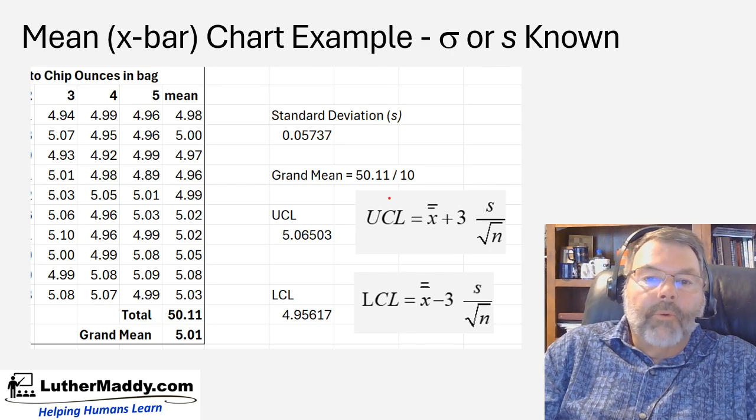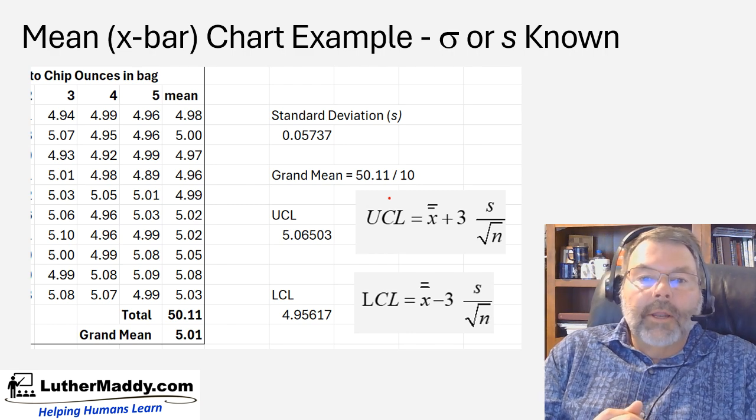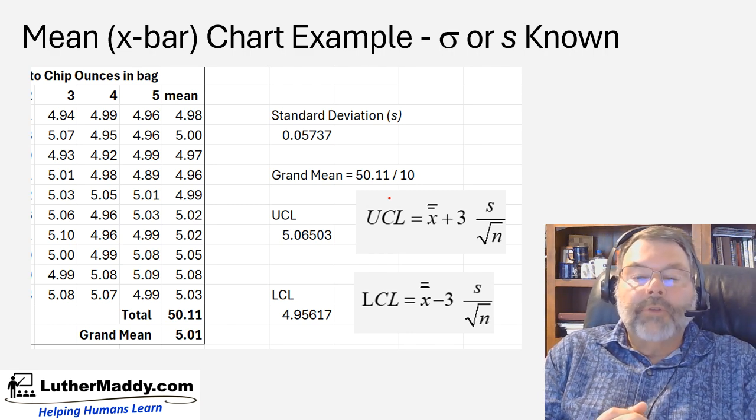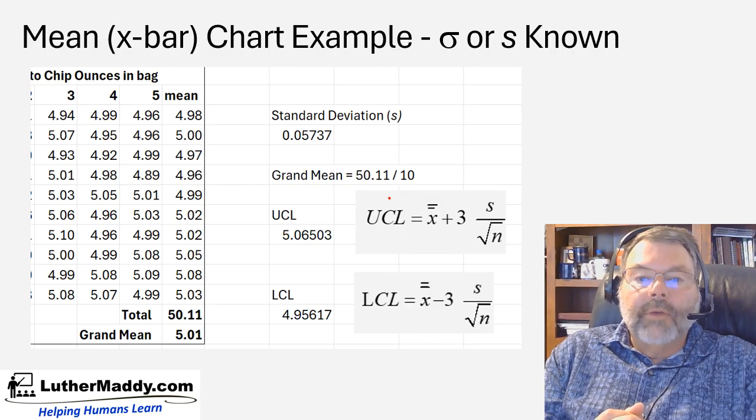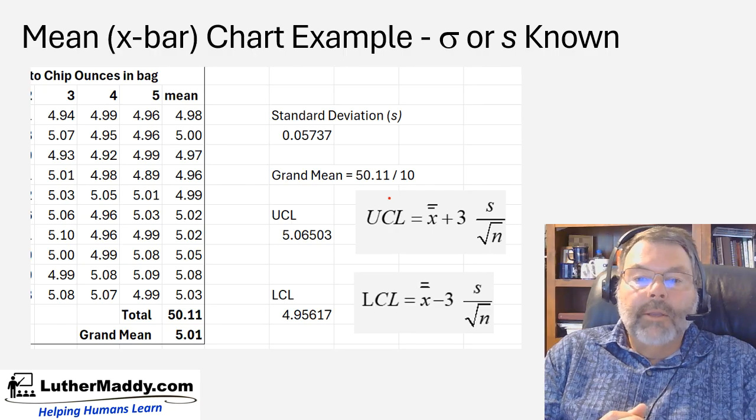All right, once we have the grand mean computed, we'll then go ahead and compute the standard deviation, and I've used Excel to do that, and I've computed the standard deviation of this sample as being 0.05737. Then I can go ahead and create an upper control limit and a lower control limit using the formula that we just saw. So the upper control limit is going to be the grand mean plus 3 times the standard deviation divided by the square root of n.